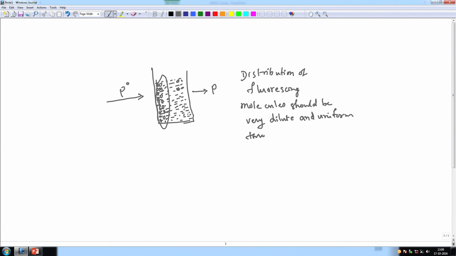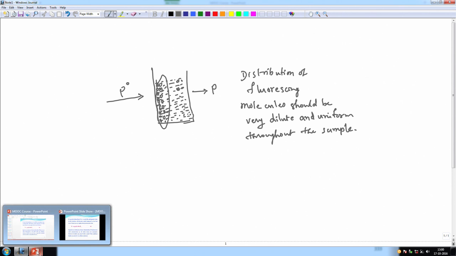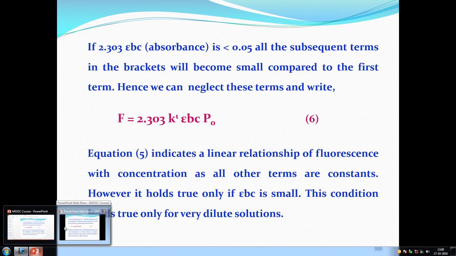Uniform throughout the sample. If this is not so, then we have the problem of fluorescence concentrating only near the junction where the P naught and the cuvette molecules are located, and the molecules located behind it are starved. So, this is what I was trying to tell you.